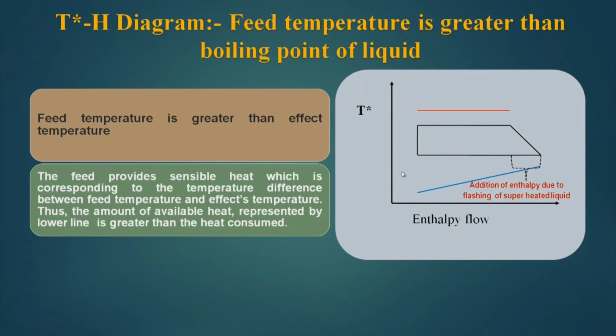The feed provides sensible heat which corresponds to the temperature difference between the feed temperature and the effect temperature. When I say effect temperature, basically this is the boiling point of the liquid inside the effect, if I am not considering BPR. Thus, the amount of available heat represented by the lower line is greater than the heat consumed.